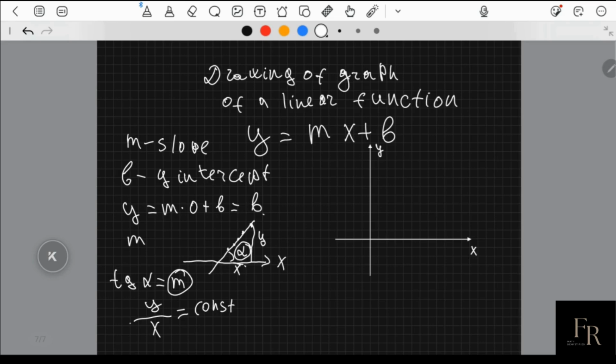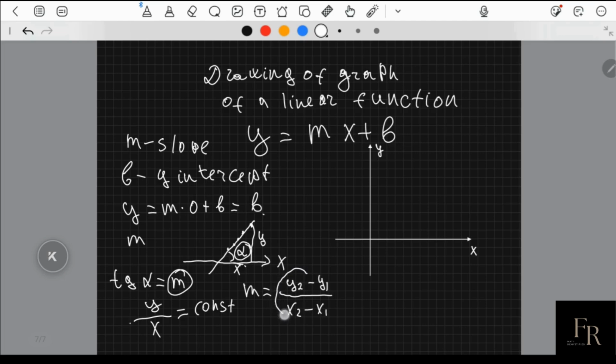Another formula to find this m is the following: m equals y2 minus y1 divided by x2 minus x1. So what are y2 and y1? You need to find 2 points based on this formula.